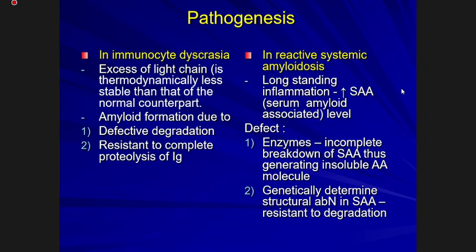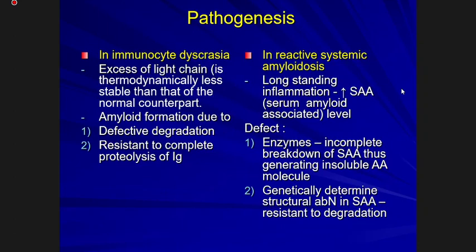So although it can form immunoglobulin, this immunoglobulin is resistant to proteolysis. So you will have accumulation of this light chain. Doctor, can you repeat the explanation of defective degradation? Okay, defective degradation is more or less the same as proteolysis.